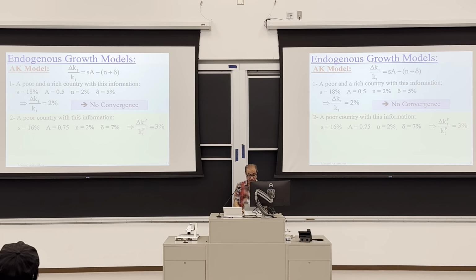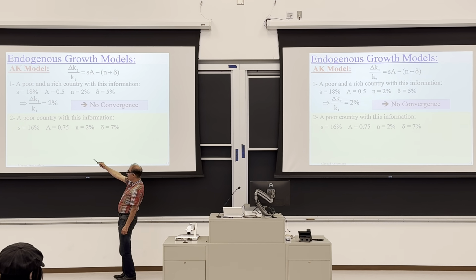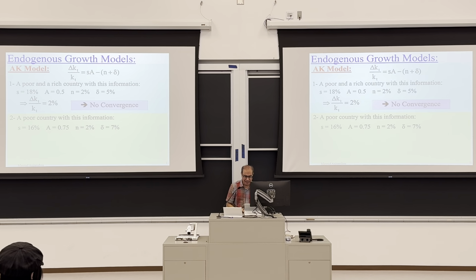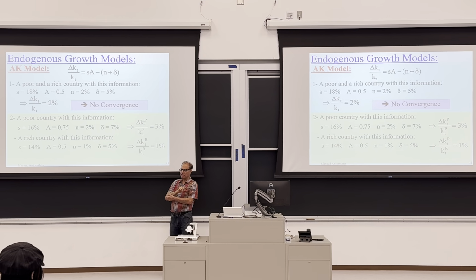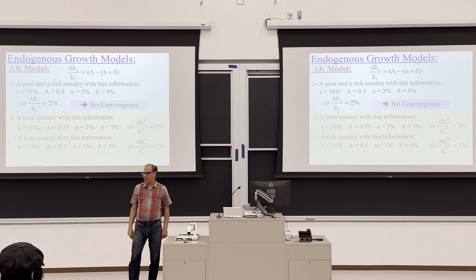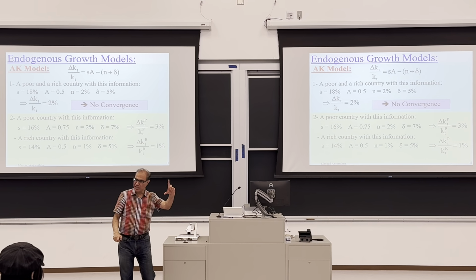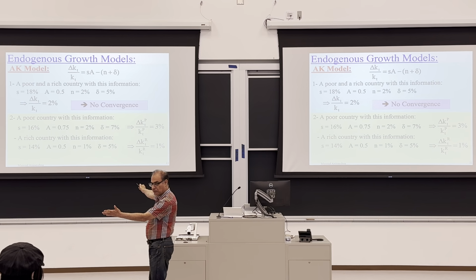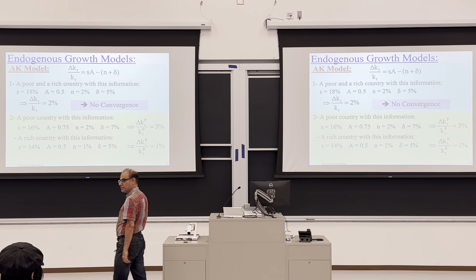How about this? So you see, you have a poor country with saving rate, A, and delta. So the poor country is growing at 3% per year. And suppose the information for the rich country is like this. So the rich country is growing at 1% per year. So now what happens? The poor country is behind, but it's growing faster, 3%. The rich country is ahead, but it's growing at 1%.